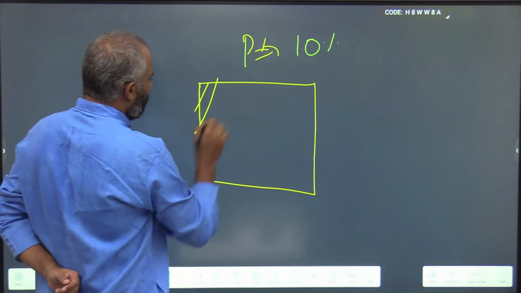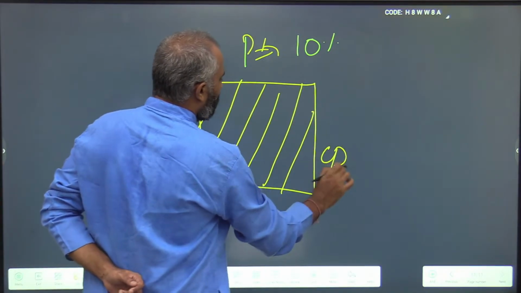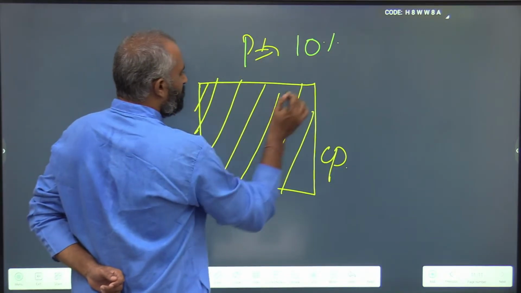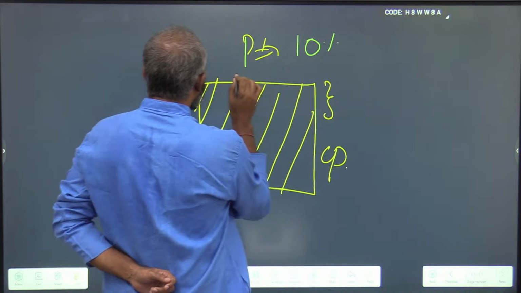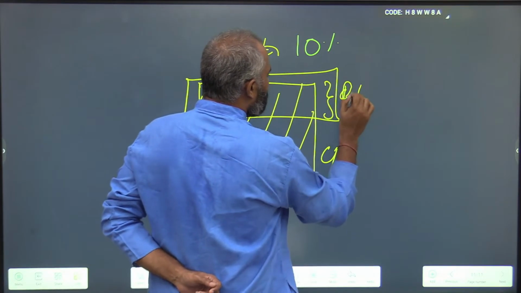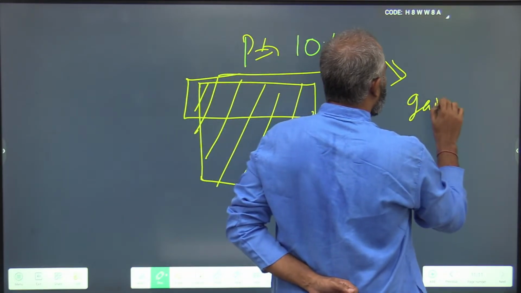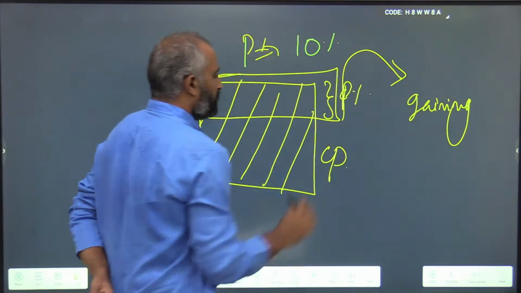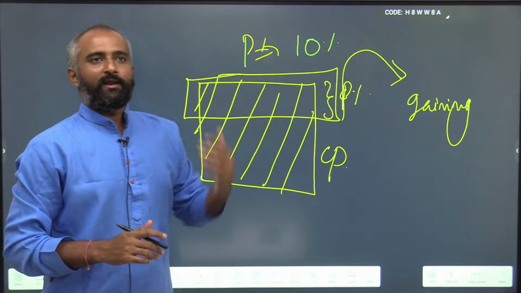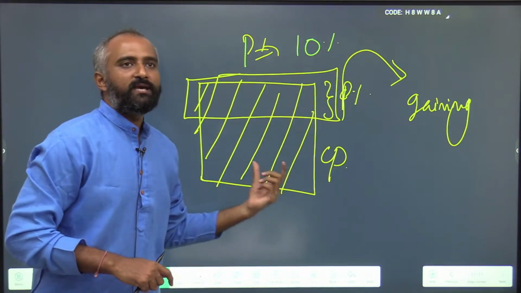There is some amount called cost price. Your profit tells you how much part of the cost price are you gaining? That means whenever you see a profit, you are not seeing any dissociated quantity, you are seeing part of cost price only.